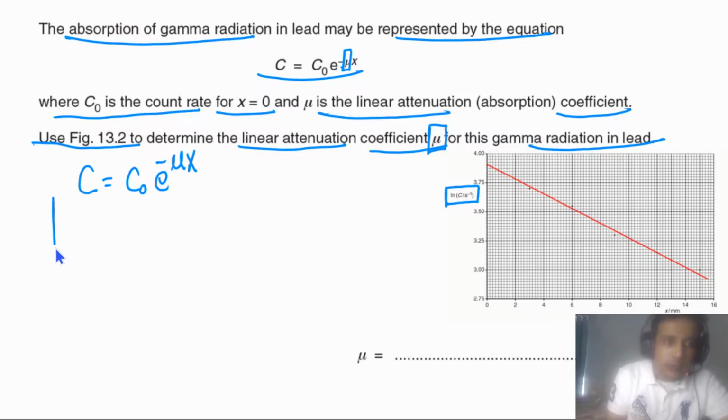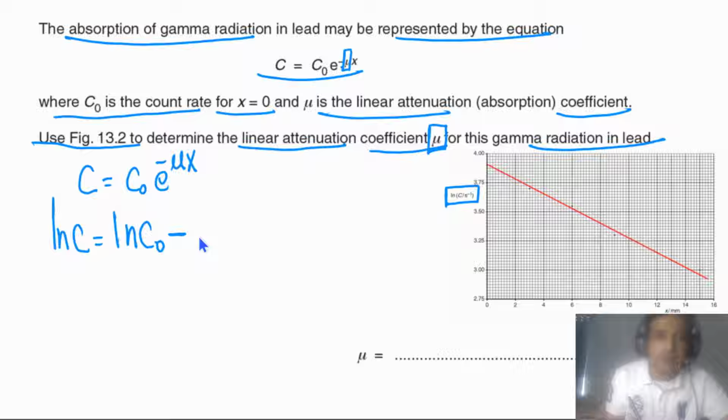Now if we take ln on both sides, this is ln of C, which will be equal to ln of C0 minus mu x ln of e. But ln of e is equal to 1.